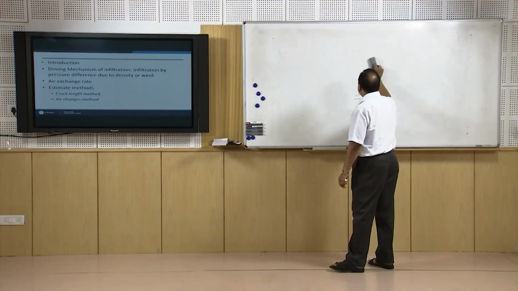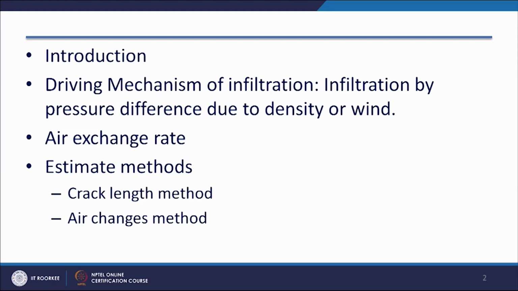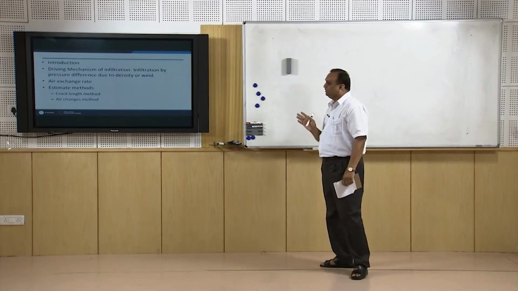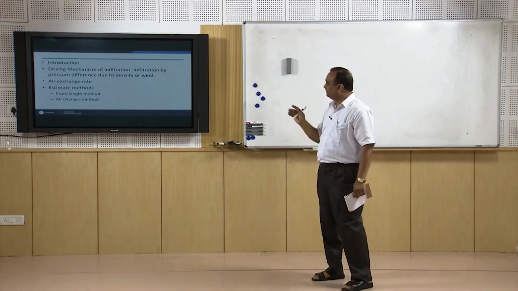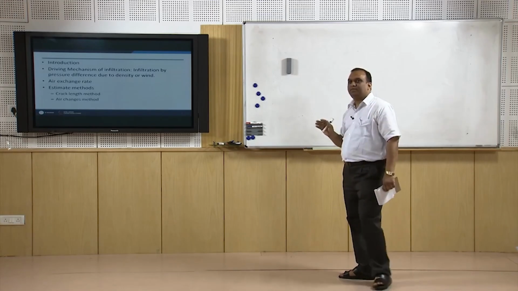After air changes per hour or air exchange rate, we will go for estimate methods for infiltration. There are 2 methods, one is the crack length method, the other is the air change method. The crack length method is more scientific, as some calculations have to be made, but the air change method is very practical.